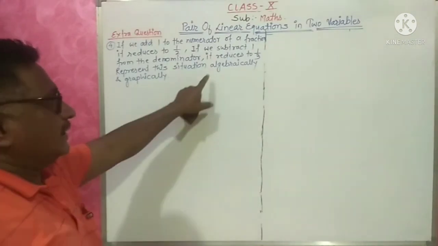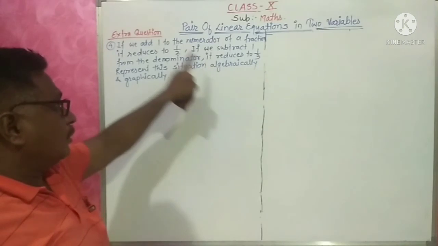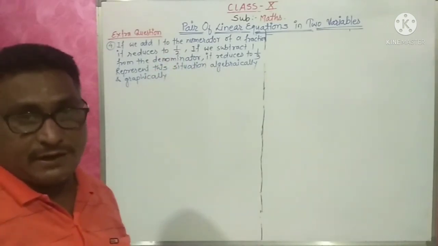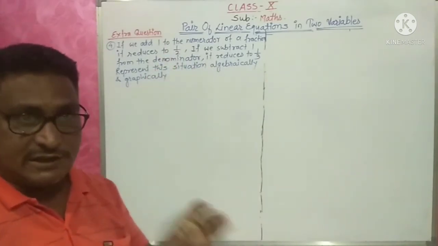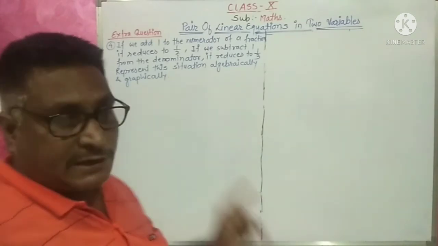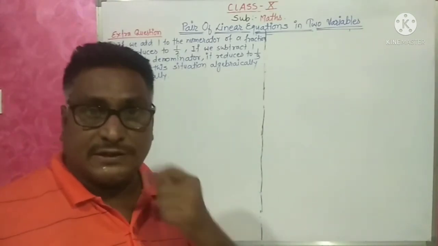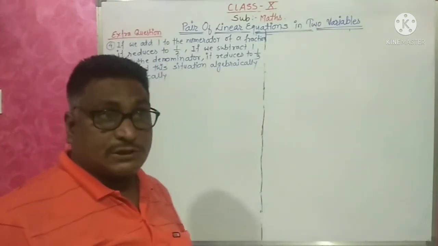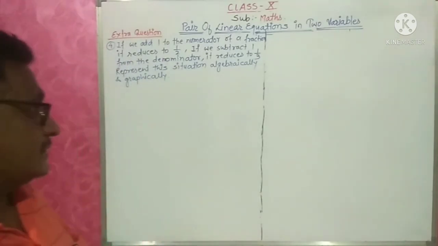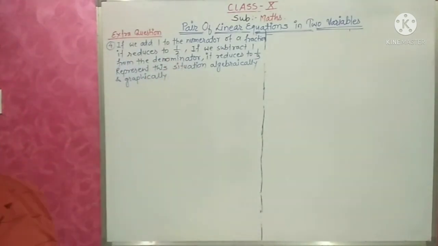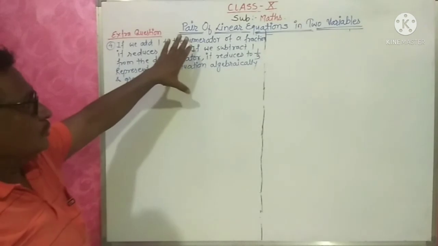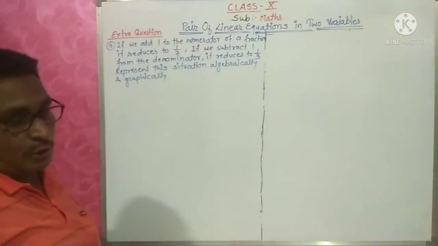So I will explain how to do it algebraically because these questions are very important. Ages, numerator, denominator, two-digit numbers, speed, time, distance, those examples are very important. So this example I took, how to solve.